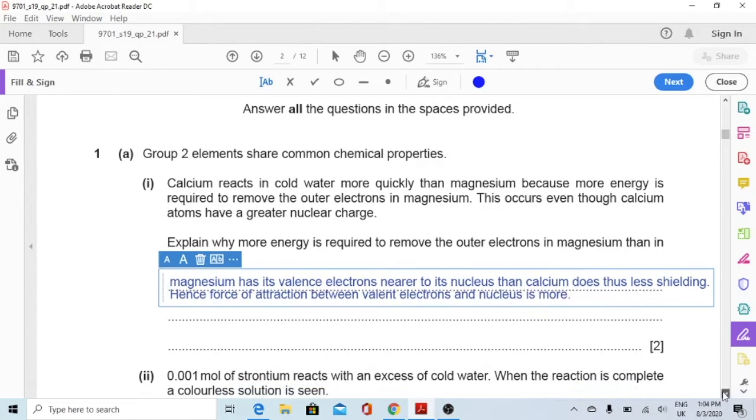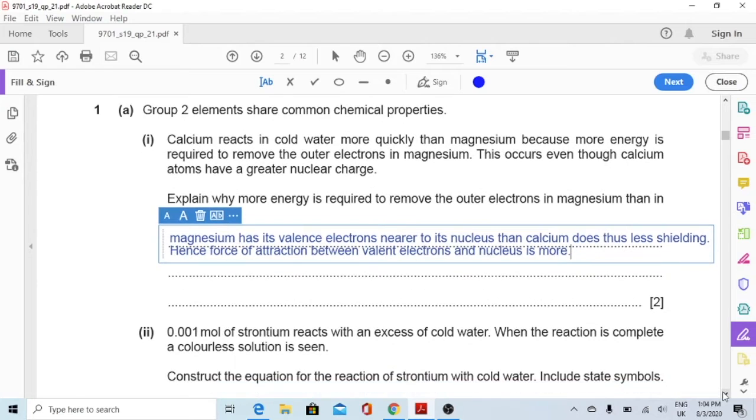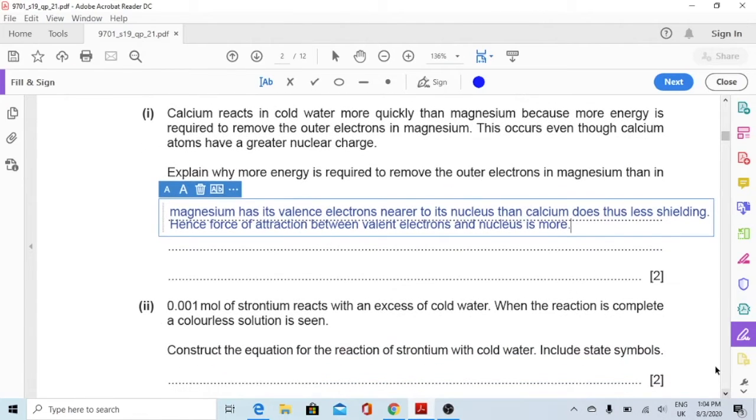The more the force of attraction, the higher the energy is required to remove the electrons from its shell. Okay, moving on to the next part.